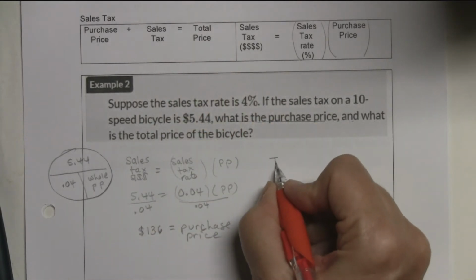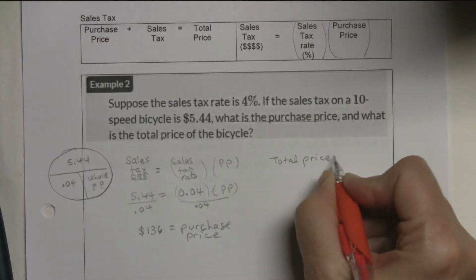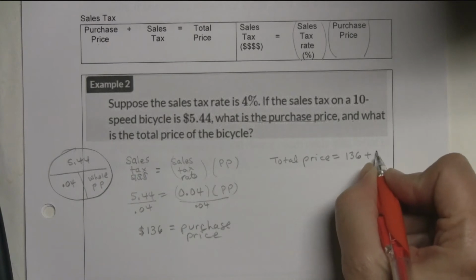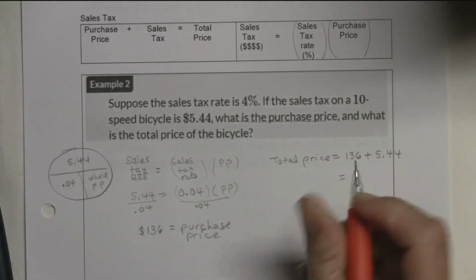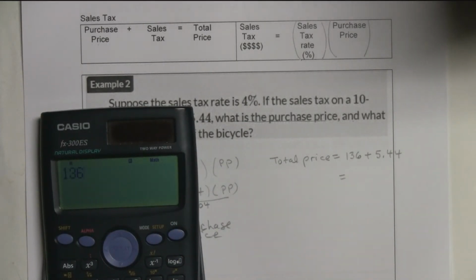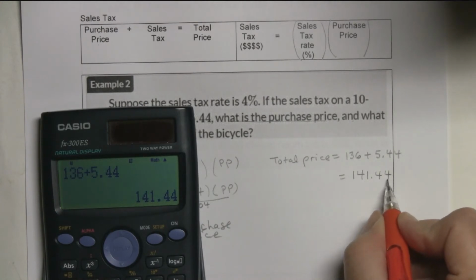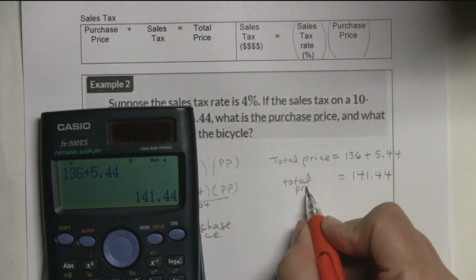So I know that my total price will equal the purchase price, 136, plus the sales tax, 5.44, and so this is how much I paid altogether for the total price of the bicycle.